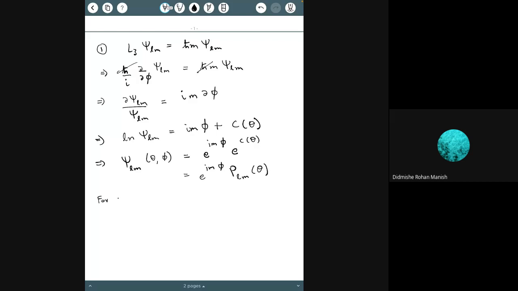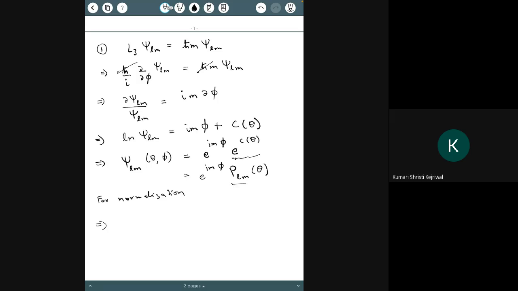For normalization, okay, let's say, what is the P here? What is it denoting? It's just this e to the power c theta. So it doesn't have any sort of significance. We're just replacing the variable, replacing e to the power c theta as plm theta.